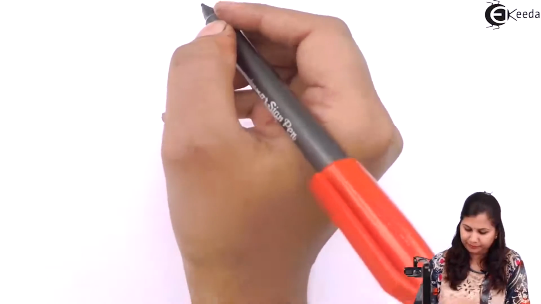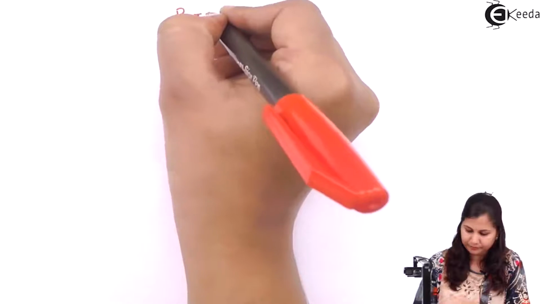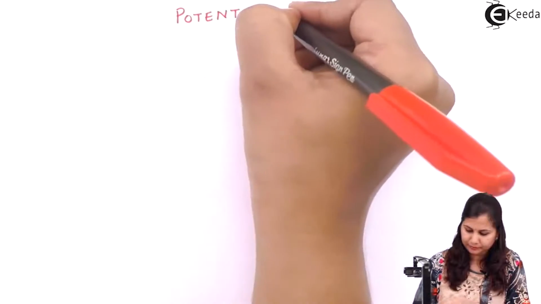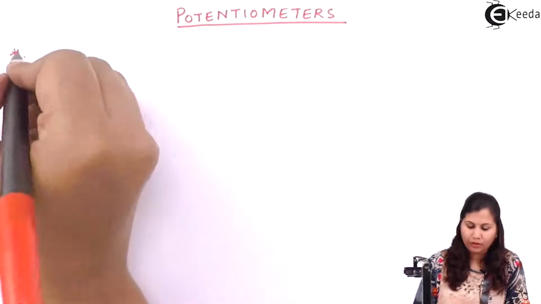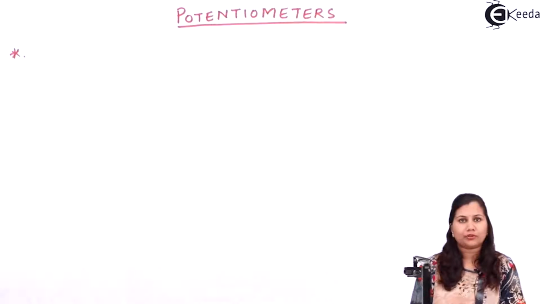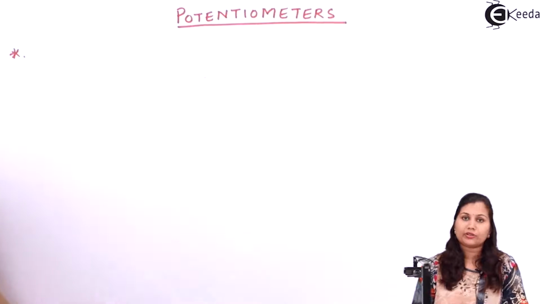Study about the first control system component, potentiometers. So what is a potentiometer? A potentiometer is an electromechanical transducer which converts the mechanical energy into the electrical energy.